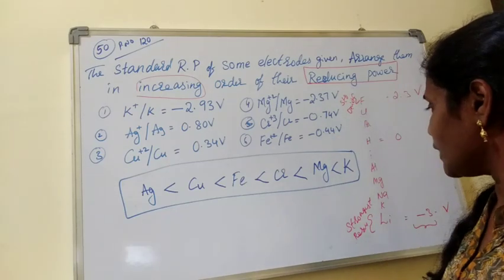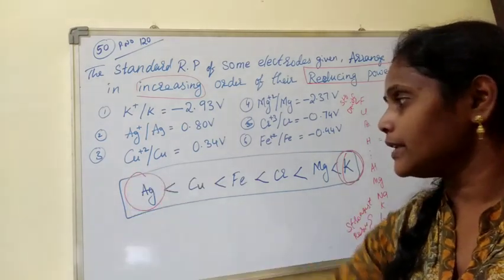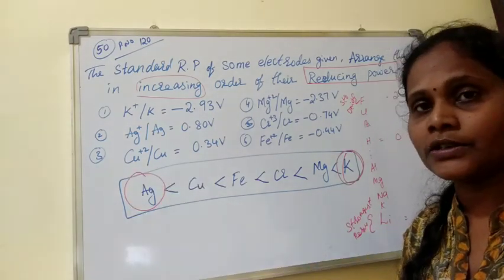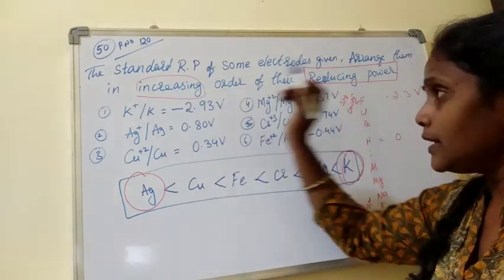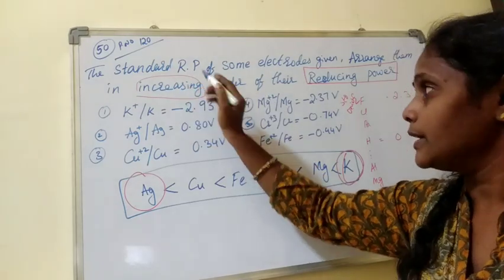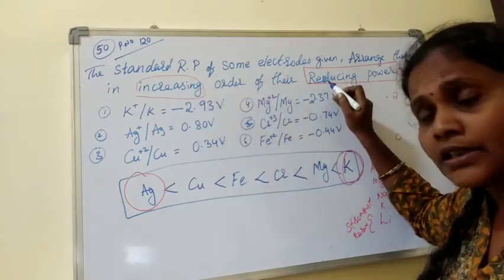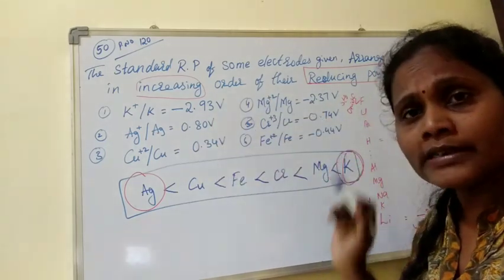That means my potassium is the strongest reducing agent, whereas silver is the weakest reducing agent. The question can be increasing order of reducing agent or decreasing order of reducing agent. Any type it can be asked. Increasing order of oxidizing agent, decreasing order of oxidizing agents, or he can change the elements, right?